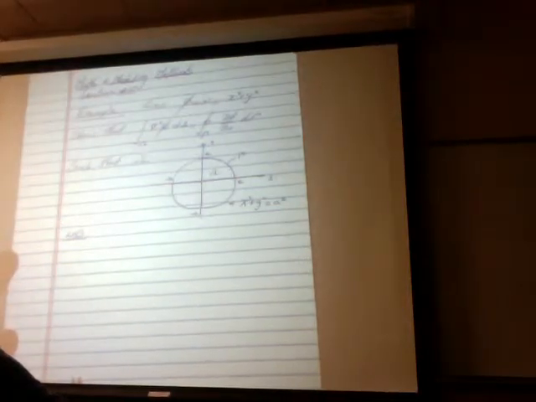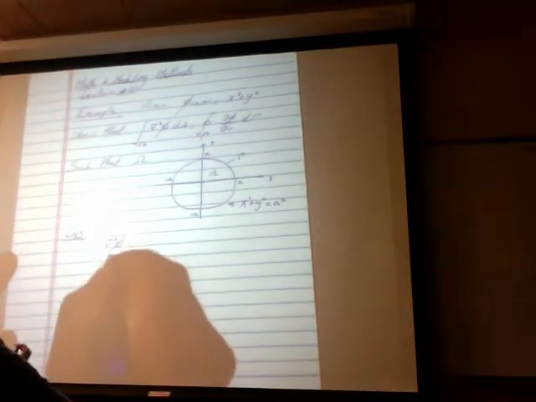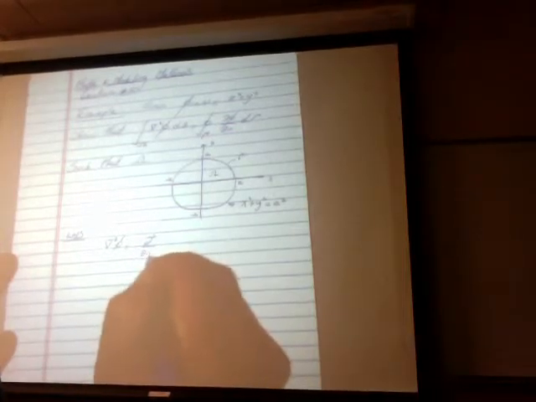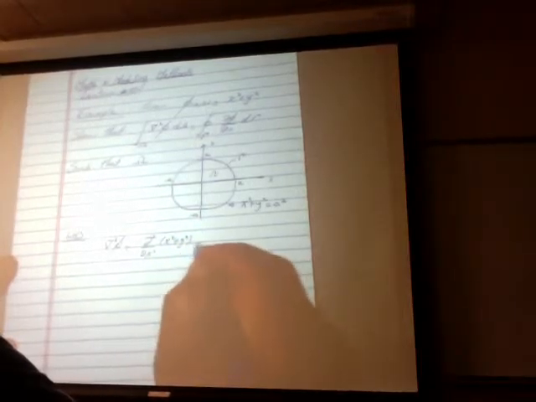Let's see what we get out of the left-hand side. On the left-hand side, the integrand is equal to the Laplace of phi, which is equal to the second derivative with respect to x of x squared plus y squared, plus the second derivative with respect to y of x squared plus y squared.